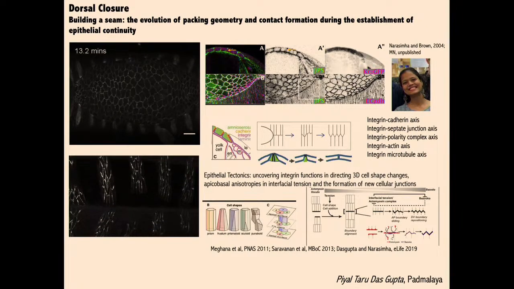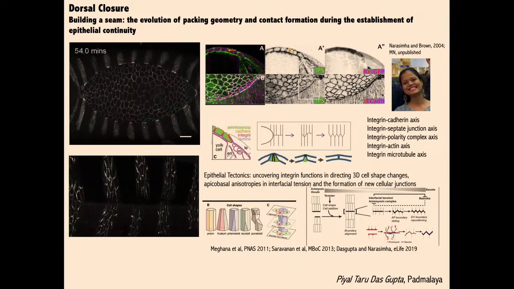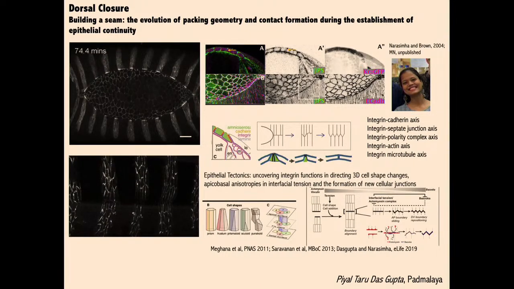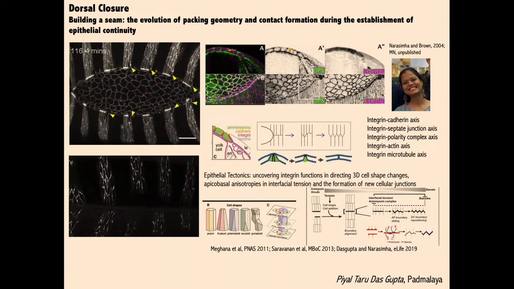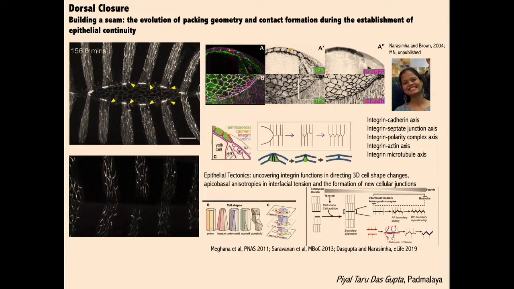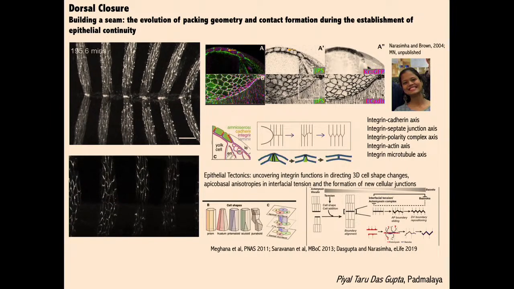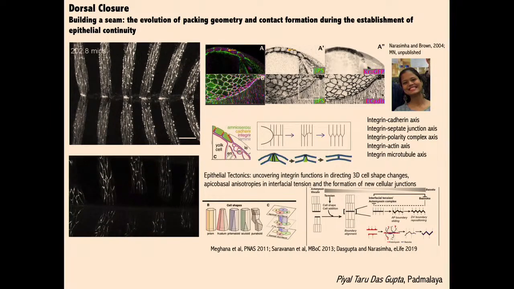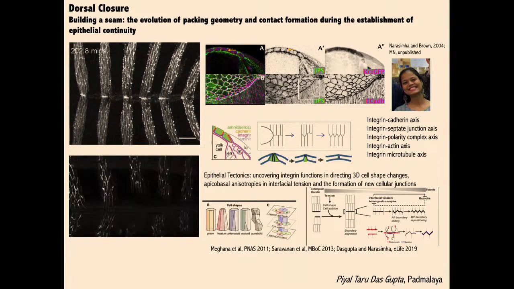I'll just quickly tell you what other things we do in the lab. In this process that resembles wound healing, the dorsal closure process, we're interested in understanding how you actually build a seam. As I said, if you look at this seam that's formed by the leader cells in these two flanks, you see that the way they make contacts changes over time, evolving to this interlocked configuration.